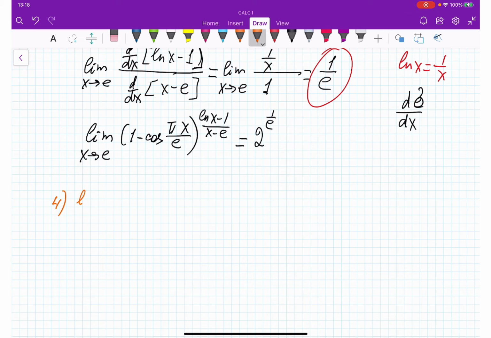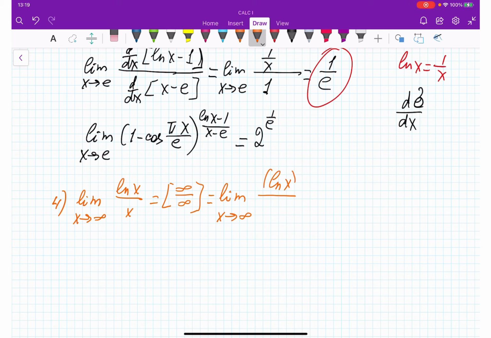we have the limit as x approaches infinity of natural log x over x. That is giving us infinity over infinity, yes? Okay, so this is going to be equal to the limit as x approaches infinity of natural log x prime over x prime, right?